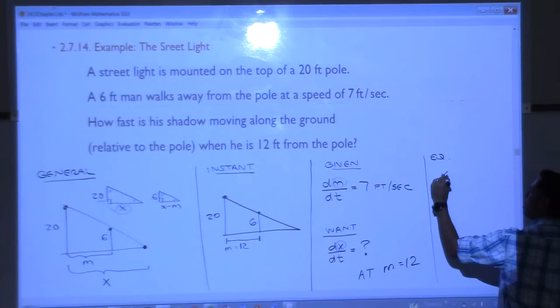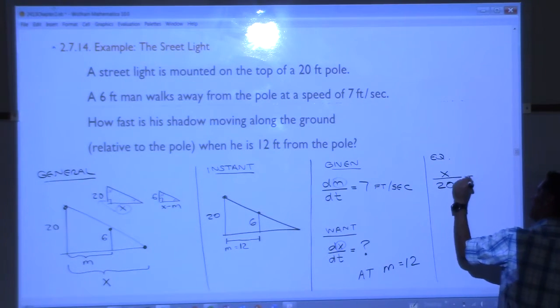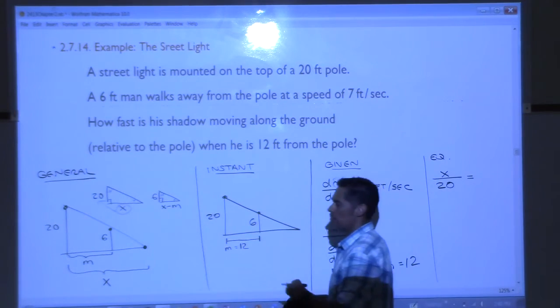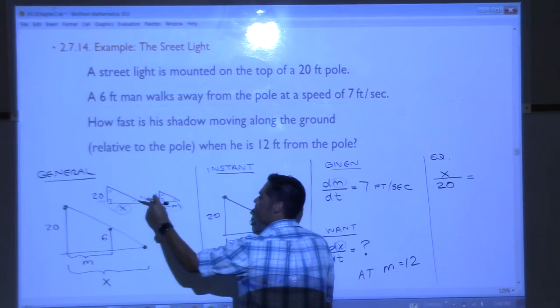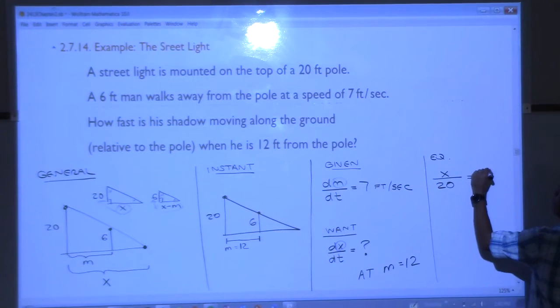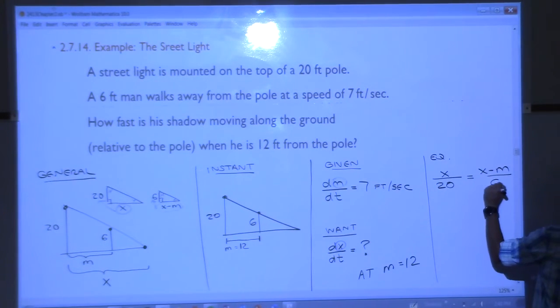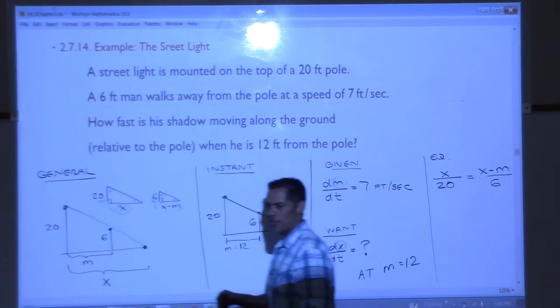So x over 20 must be equal to x minus m over 6. Do we have an equation that has both x and m in it? Yes. So I'll be able to differentiate that, and we can pick that up at the beginning of class next time.